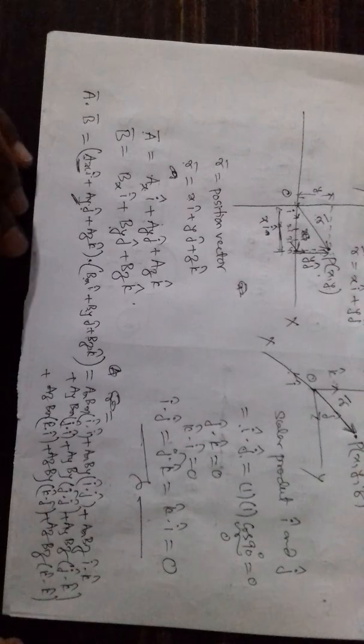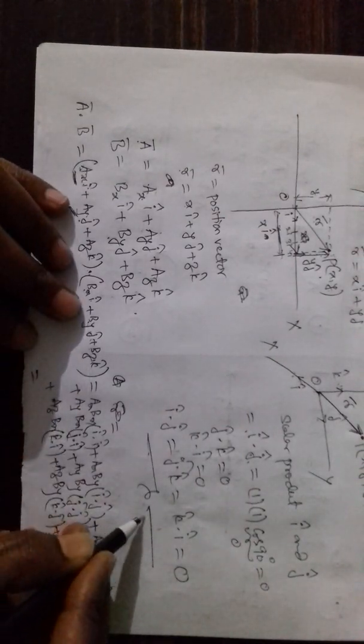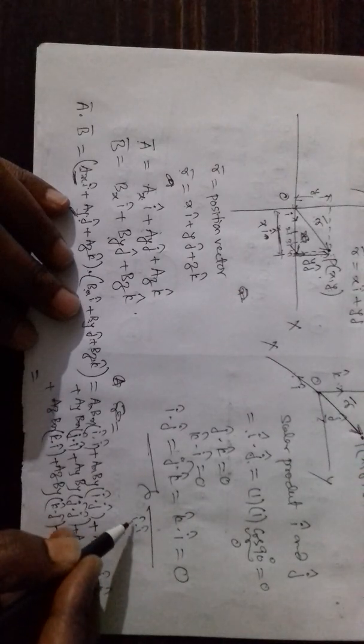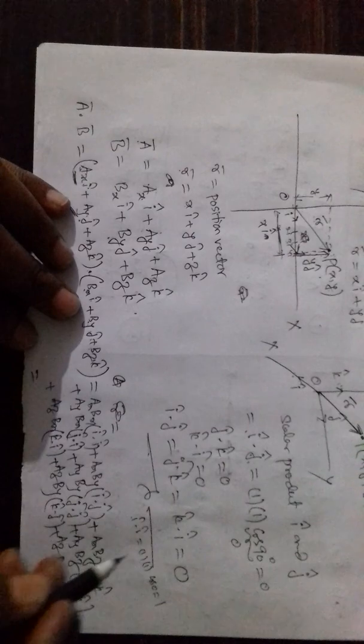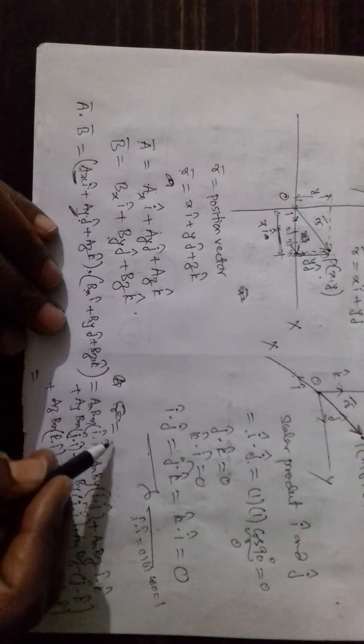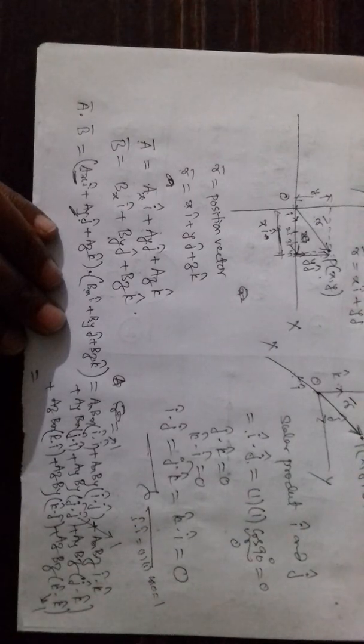So now it is equal to i dot i. Already you know i dot i, j dot j. The angle between these two is 0, so i dot i means 1 into cos 0, which is 1. j dot j is also 1, k dot k is also 1. So this gives 1, this gives 1, and this also gives 1.